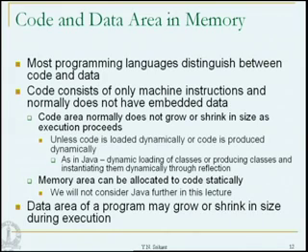So, code consists of only machine instructions and normally does not have any embedded data. So, the code area therefore does not grow or shrink in size as the execution progresses, right, because there is very little to change the code, there is no data, it cannot expand, it cannot shrink, nothing changes in between.